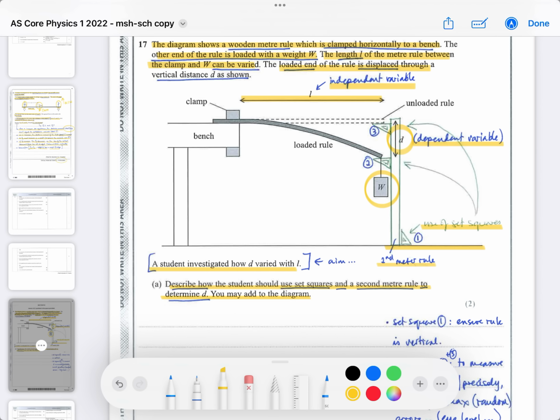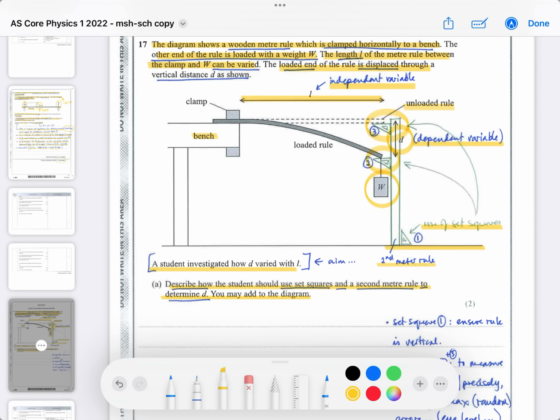Now, normal benches in labs are about 90 centimeters high. So a meter ruler will work and will reach the unloaded ruler position. So you put the set square to check for the vertical sense of the ruler. You put a set square to measure the deviation from the original position, and you want to make sure you've got your starting point of your ruler again with another set square position there.